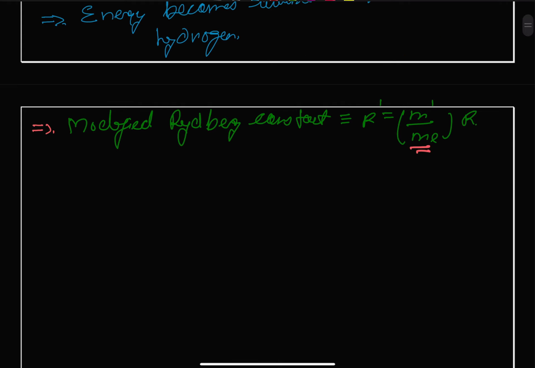So therefore we can write that our r prime is equal to 2 times r. So this gives us relationship between our new Rydberg constant as compared to the original one.